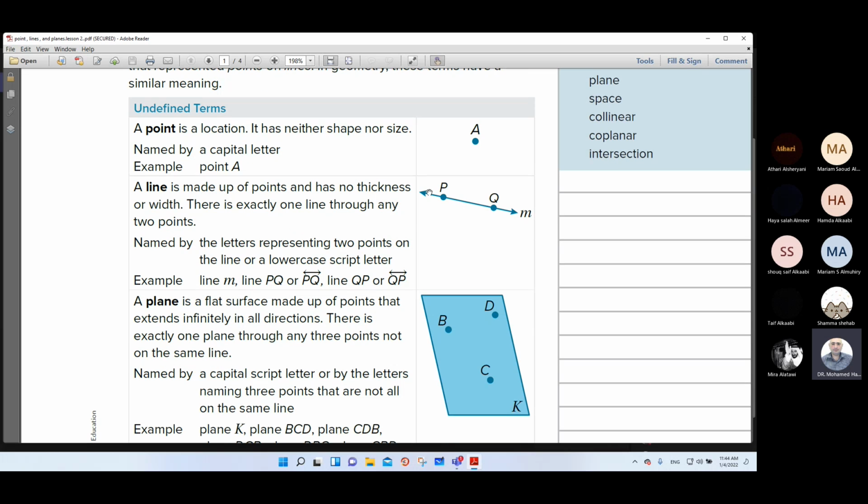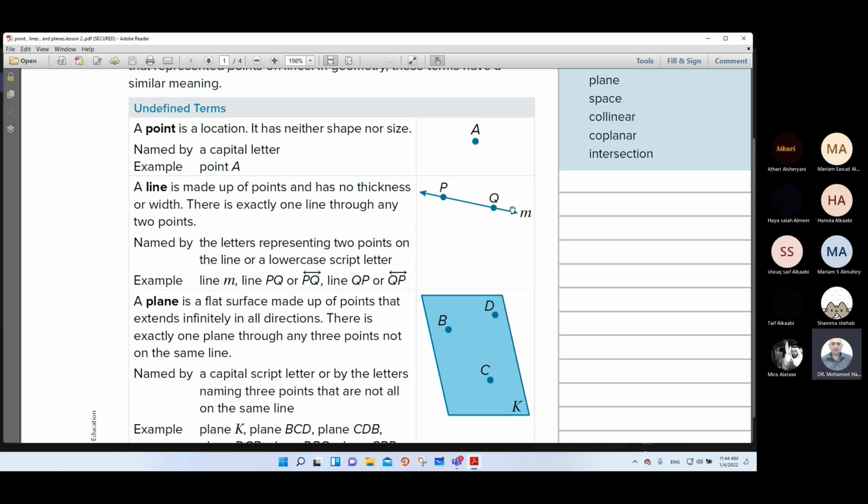The second idea, this is the line. What is the meaning of a line? A line is made up of points and has no thickness or width. There is exactly one line through any 2 points.